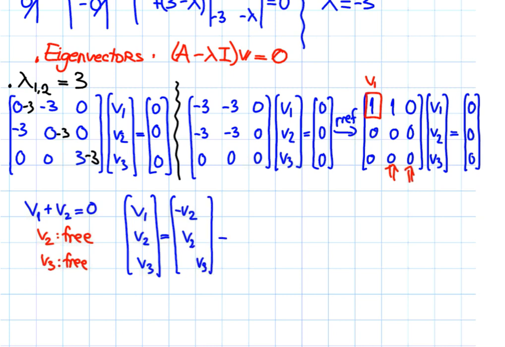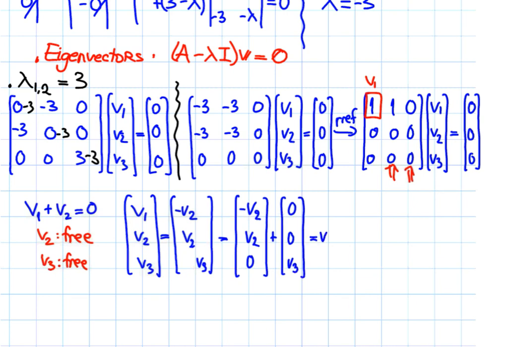If we write that in terms of V2 and V3, we can write like that, and factor out V2: -1, 1, 0, and then V3: 0, 0, 1.